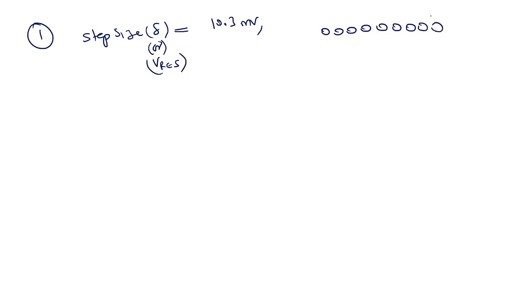Now I'm writing. So the step size, you also call it resolution, is 10.3 millivolt for a DAC. Right? So when 9 zeros are applied as input, 1, 2, 3, 4, 5, 6, 7, 8, 9, the output is 0 volt.